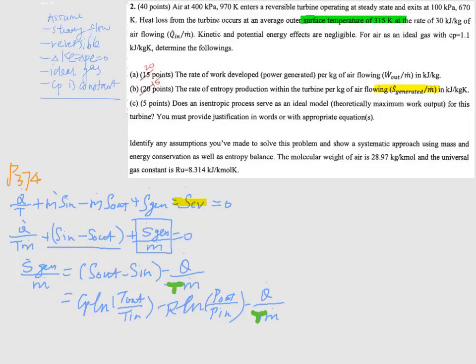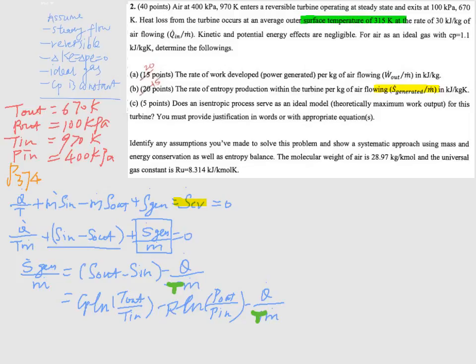If you don't remember what T out and T in are, we can rewrite them here from the problem. T out is 670 K and P out is 100 kilopascal. T in is 970 K and P in is 400 kilopascal.